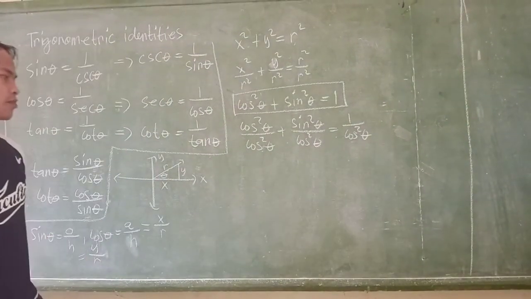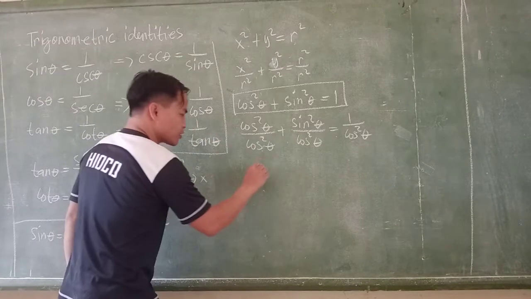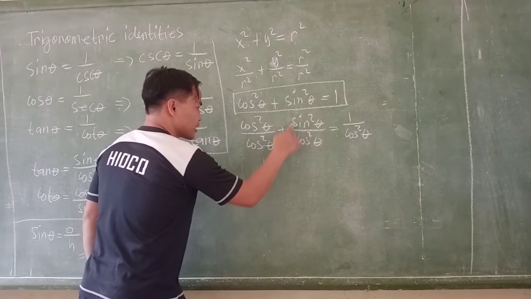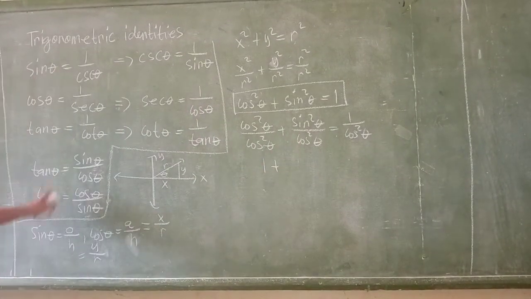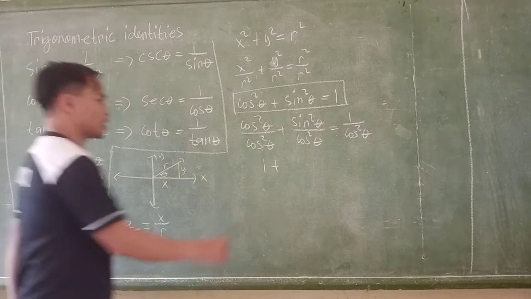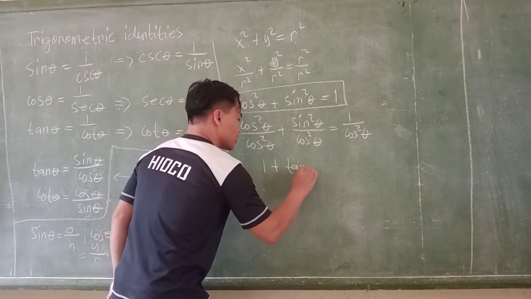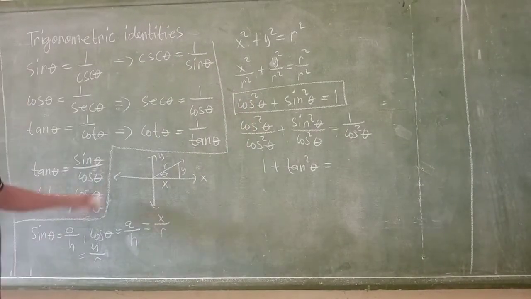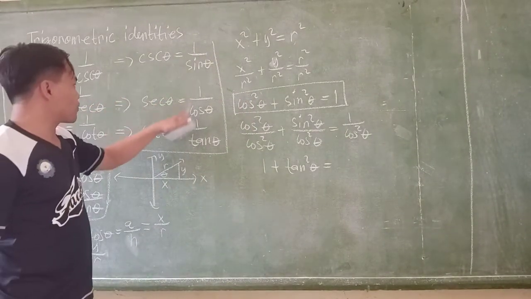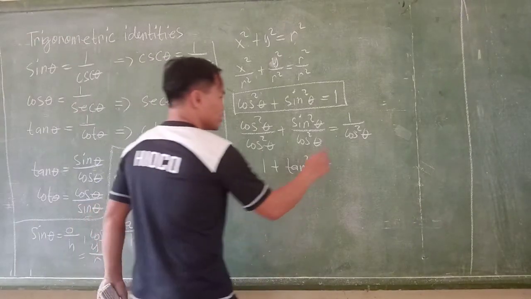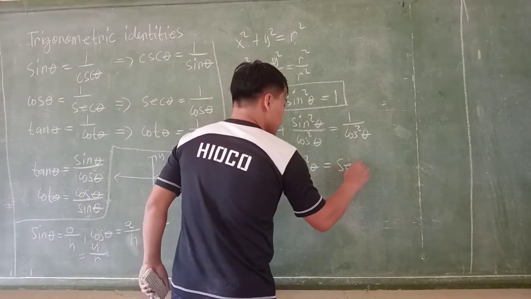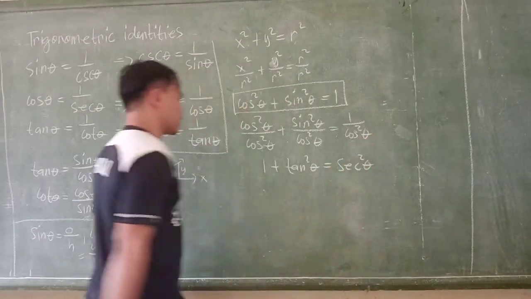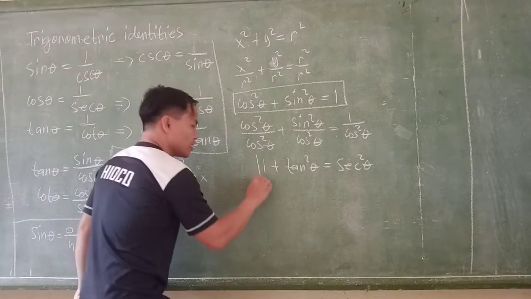Then we simplify: 1 plus sine over cos, that is tan. Tan is equal to sine over cos. So we have 1 plus tan squared theta is equal to 1 over cos, which is secant, squared, so secant squared theta. This one is our second Pythagorean identity.